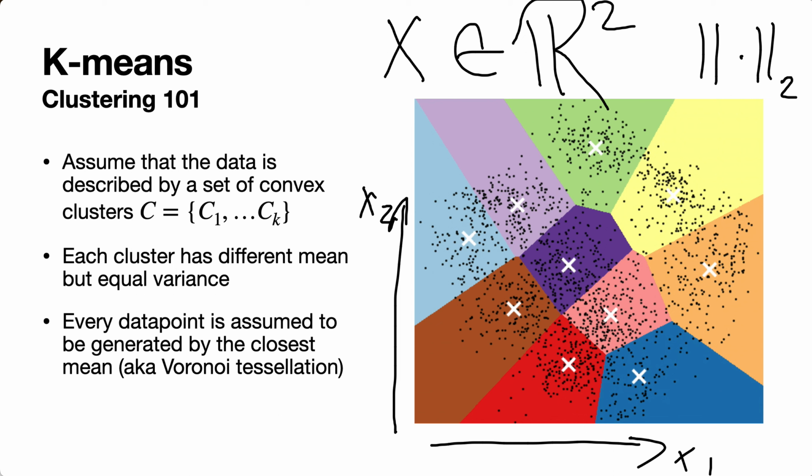We also critically assume that each cluster is defined by its mean vector, by its centroid, by those little white x's. And this assumption of equal variance just lets us use the Voronoi region itself as saying all data points within the Voronoi region belong to that cluster.